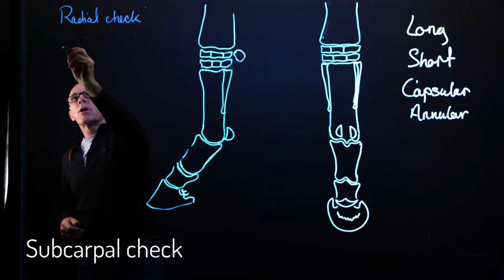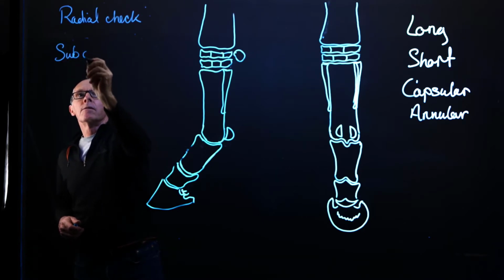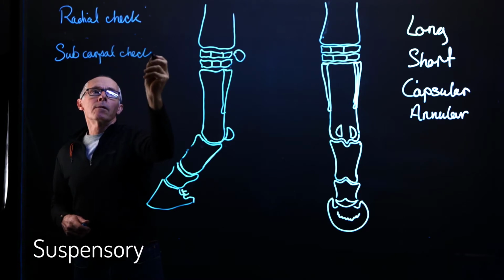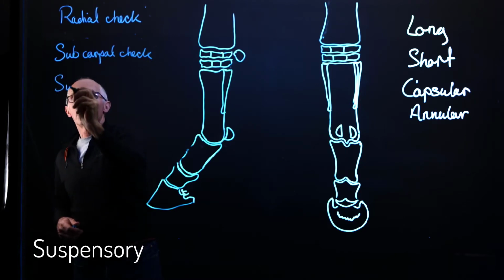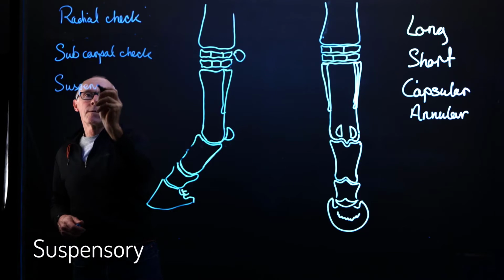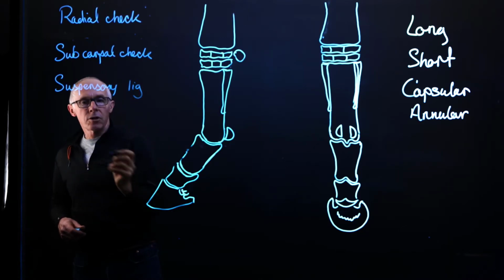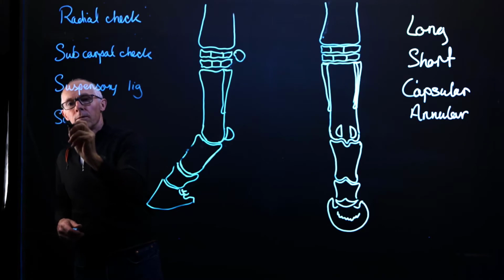Then we have the subcarpal check. Then the suspensory. And then there's the suspensory of the navicular bone.